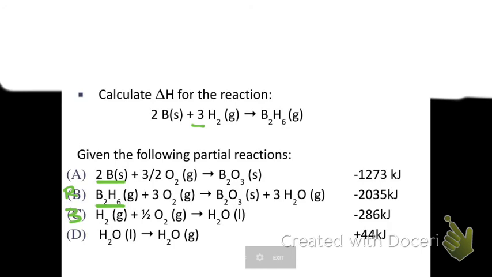Okay, so A for right now is going to stay the same. 2B plus 3 halves O2. And that's negative 1273. I'm going to reverse the second one.